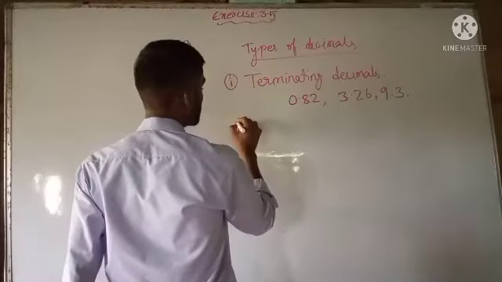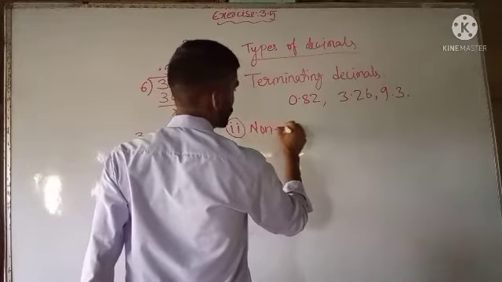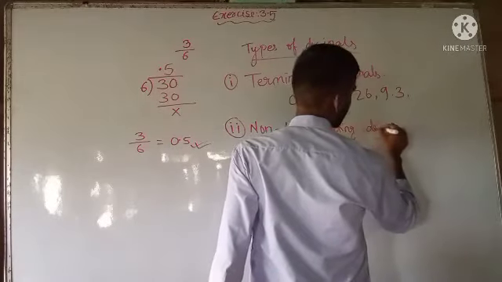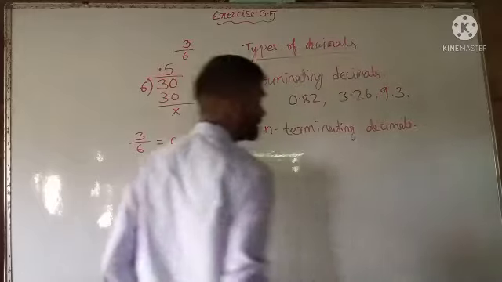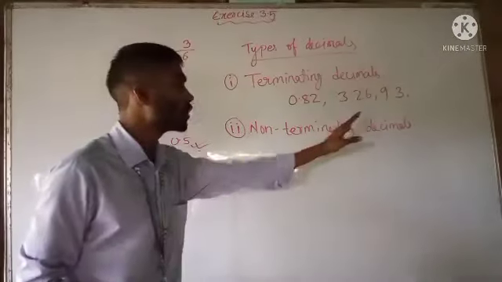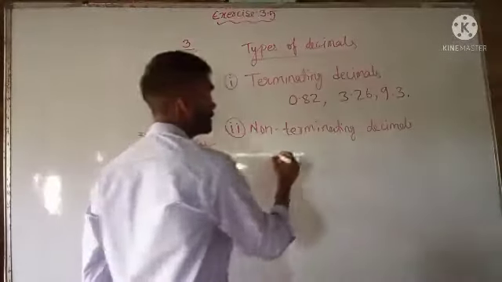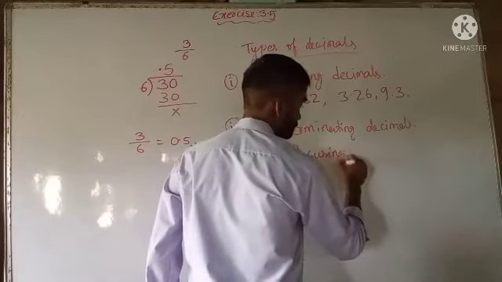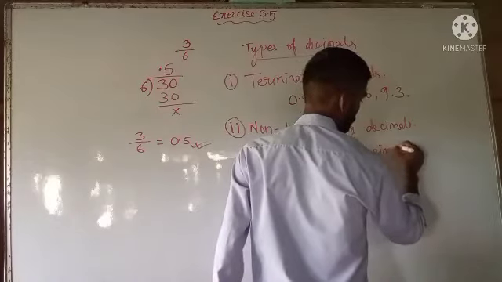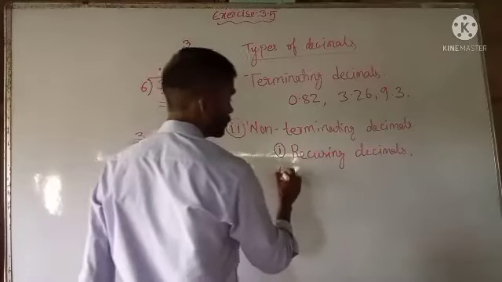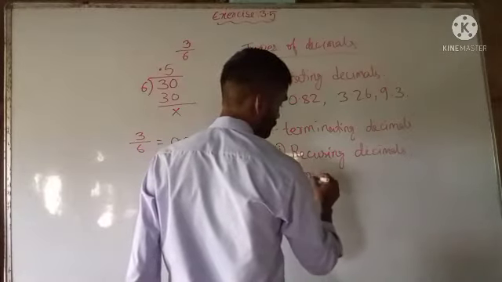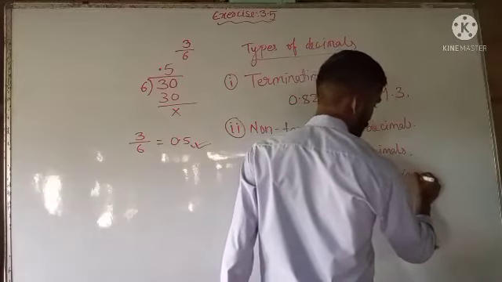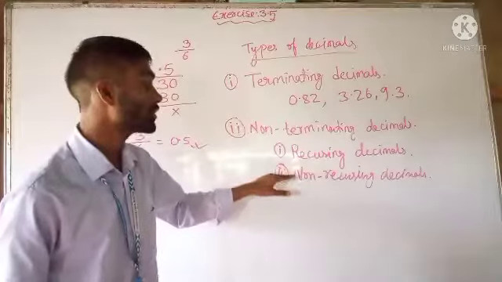The next that we will come across is non-terminating decimals. Under non-terminating decimals there are two more types: recurring decimals and non-recurring decimals.